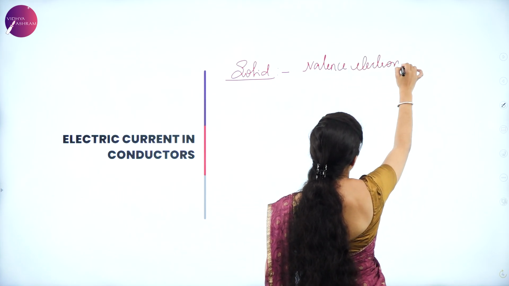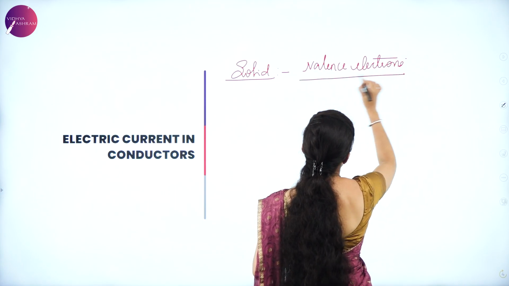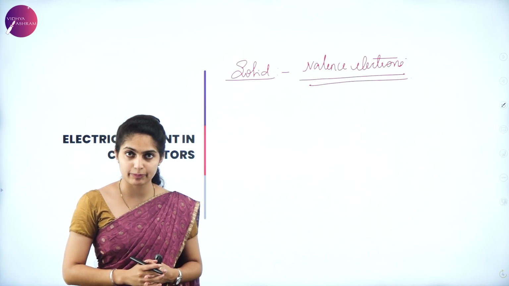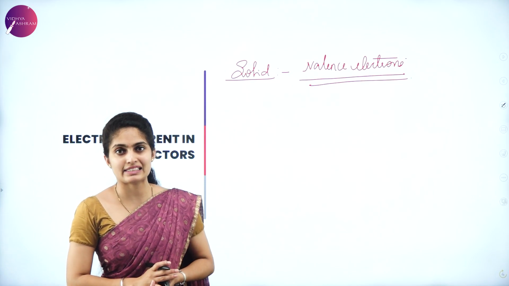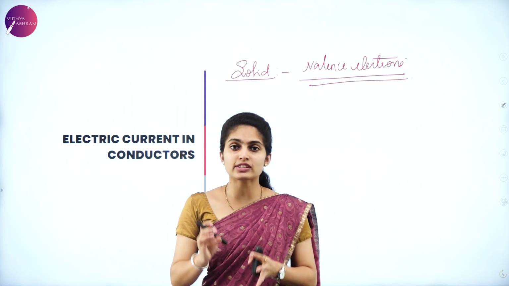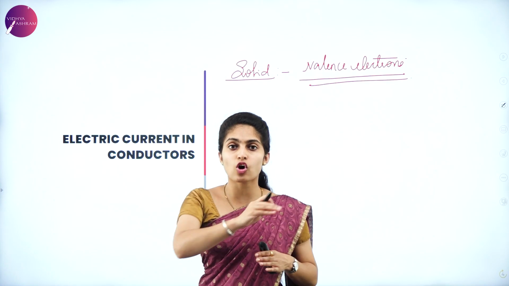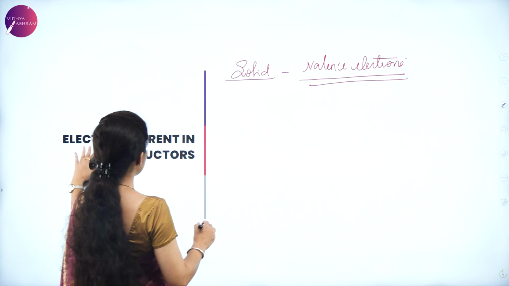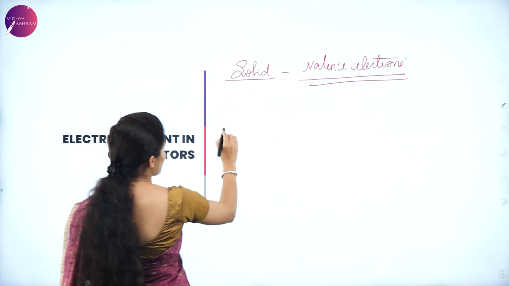In conductors, valence electrons are very much necessary in order to conduct electricity. What is meant by valence electrons? Valence electrons are the electrons which reside in the outermost shell within an atom. So that is all about electric current in the case of solids.